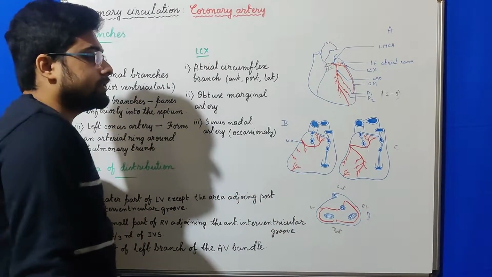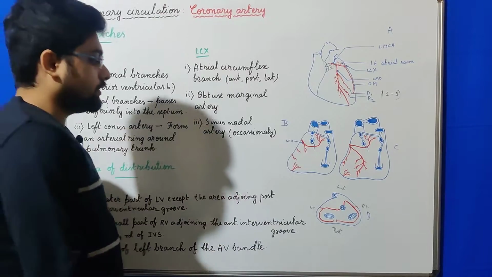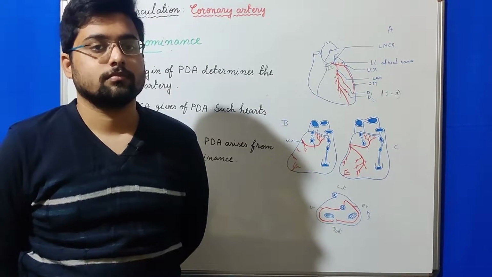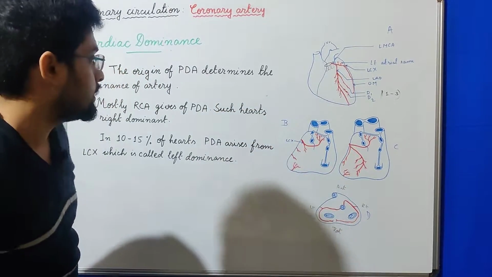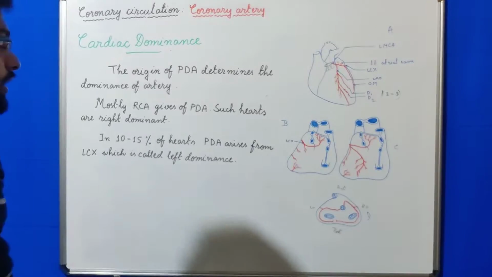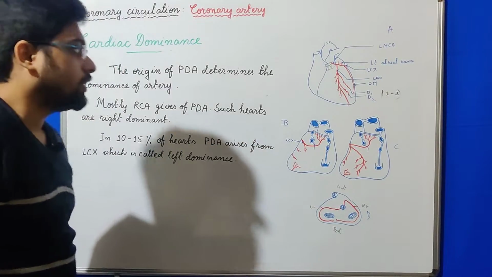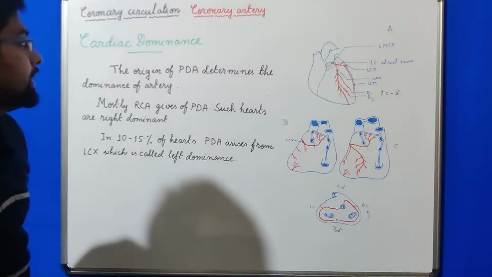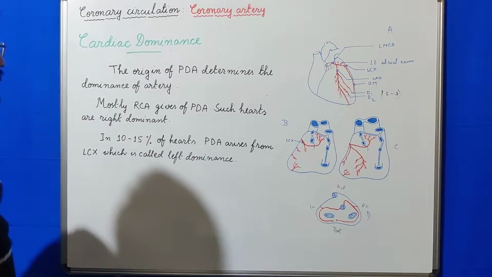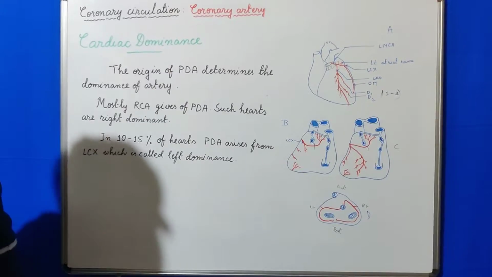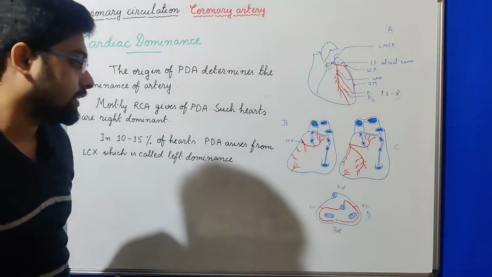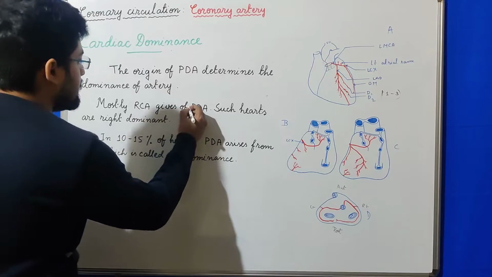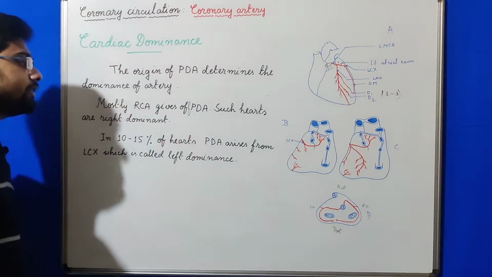Next we will see the dominance of coronary arteries, or cardiac dominance. This is the last thing about coronary circulation. Dominance usually depends on the origin of the PDA, from which artery the PDA originates. In most cases, the RCA, the right coronary artery, gives off the PDA. Such cases are called right dominance.